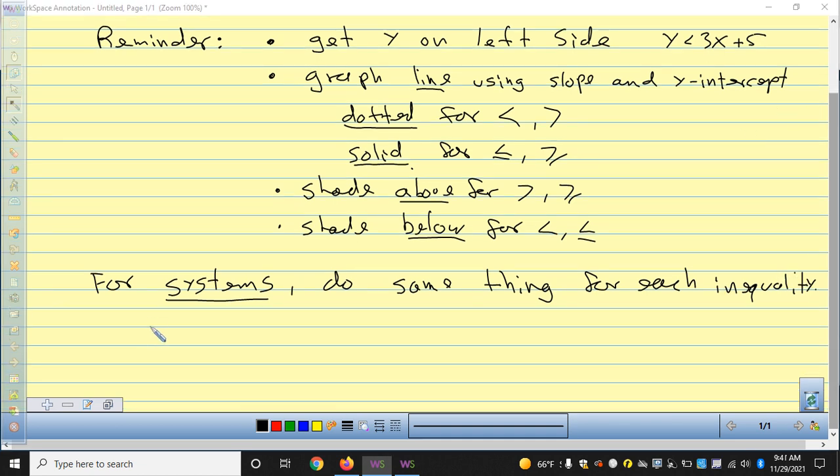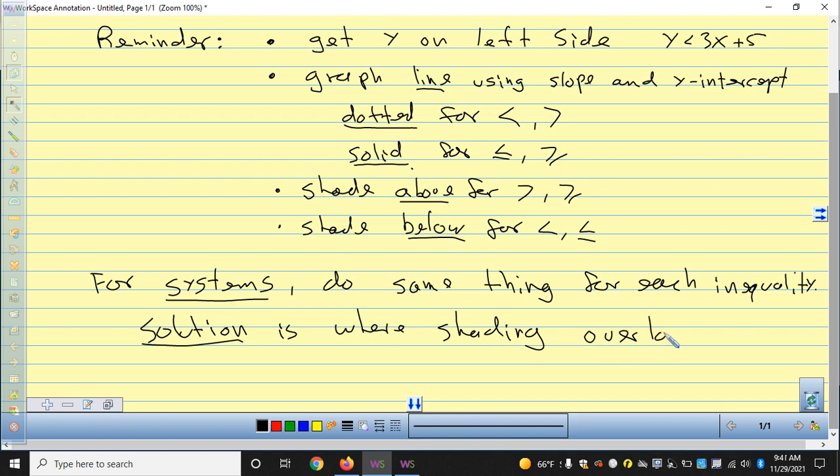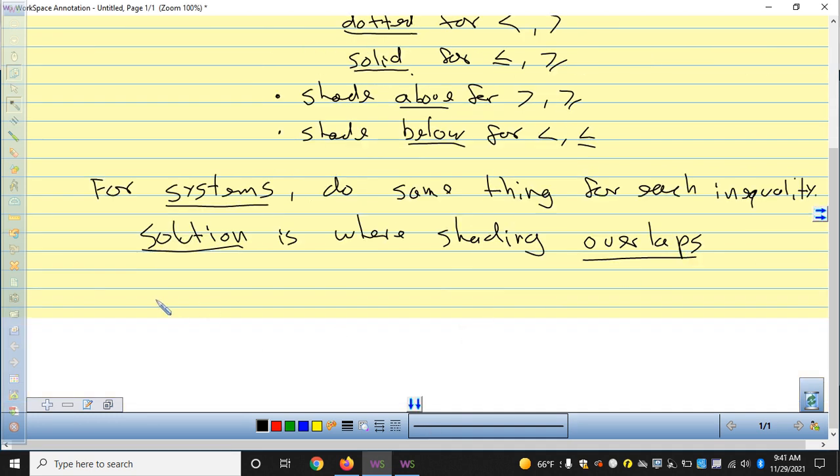And our solution is where the shading overlaps. So we're going to shade on two different lines, and the solution to the system is where that shading overlaps.